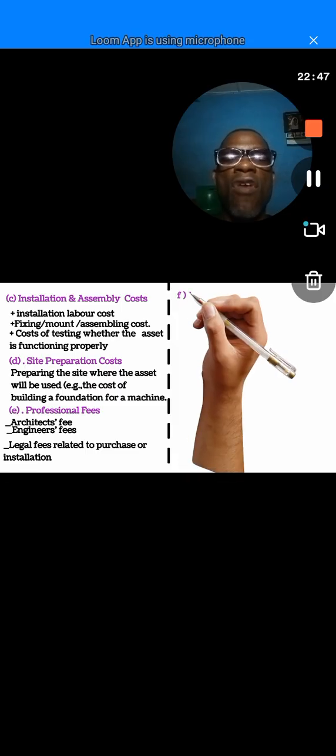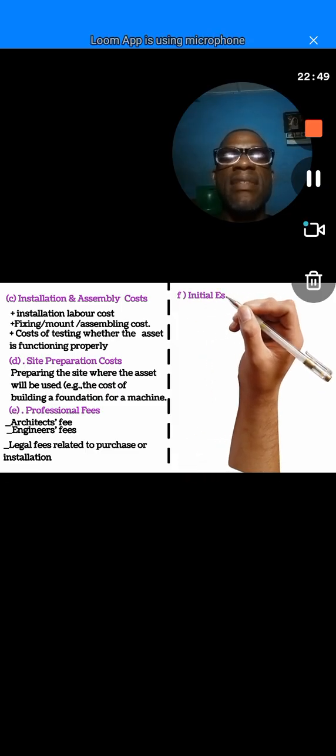These are part of the cost of the non-current assets.